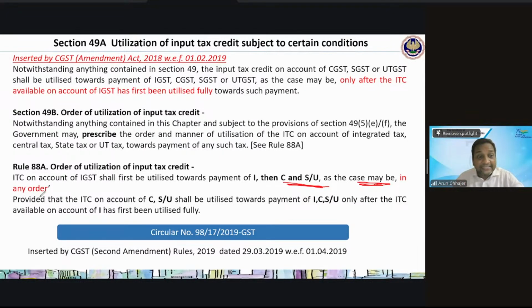And at the end, you are saying in any order. In any order means, after giving to I, can they give directly to S without touching C? That was my first question.